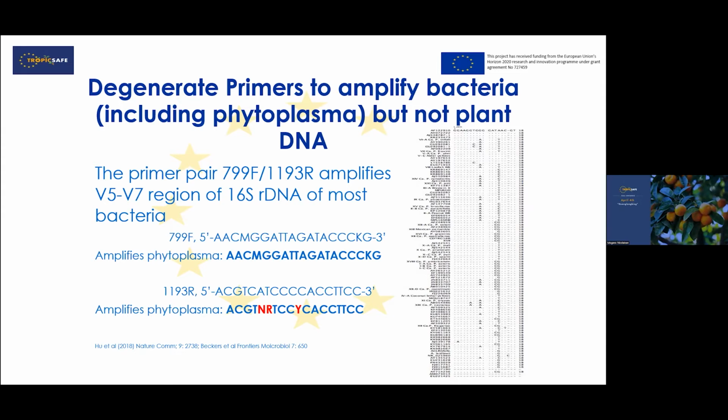However, if you look to the right, maybe it's a bit difficult to see, but that's an alignment of a lot of 16S sequences from phytoplasma and Liberibacter, and for the reverse primer you see that there are some nucleotide differences in this region. So we were forced to make a new primer, and that's what you see here at the bottom with the red nucleotides, which are different from the original primer and which have some degeneracies.